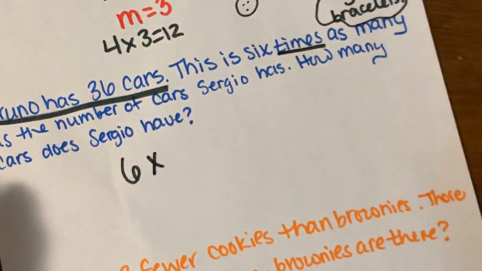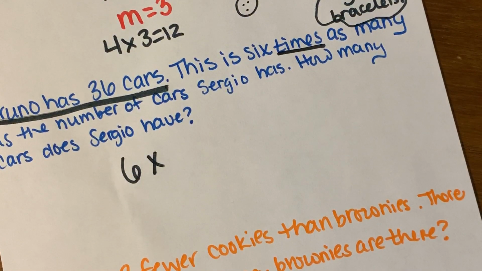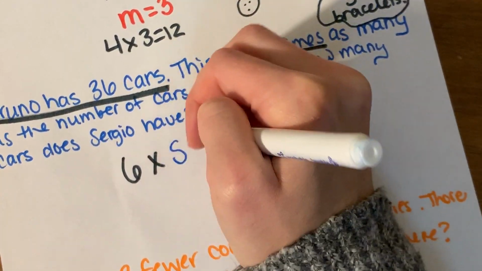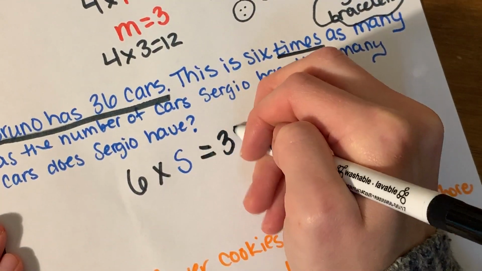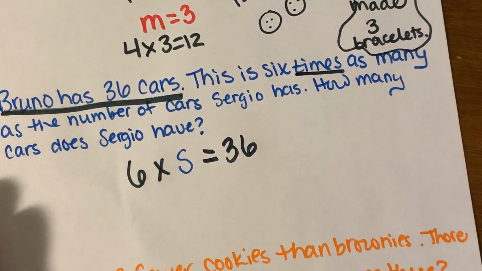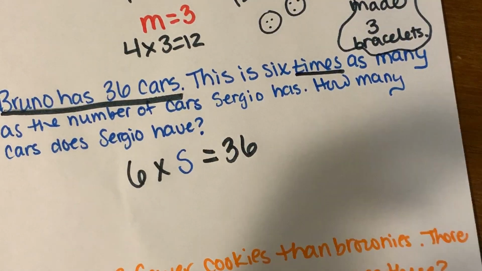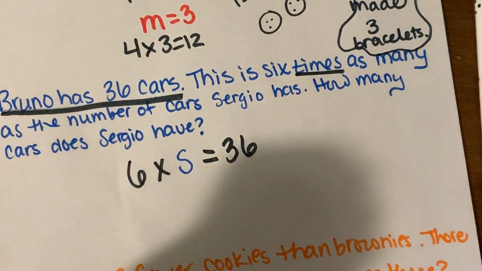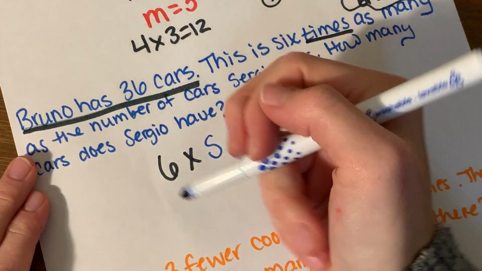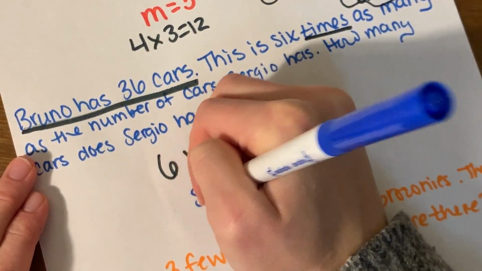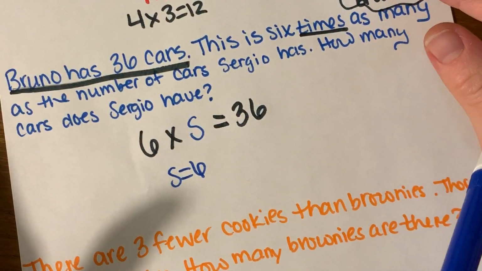So 6 times the amount that Sergio has gives us the total that Bruno has, which the problem tells us is 36. So 6 times what gives us 36? 6 times 6, because we know our doubles. So S equals 6.